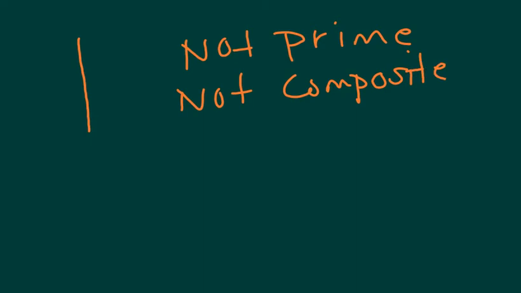So in math, we say 1 is neither prime nor composite. It's not either. 1 gets its own special category. It's just 1. It's the only number that's not prime and it's not composite.